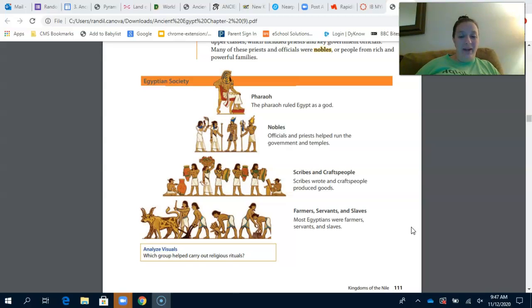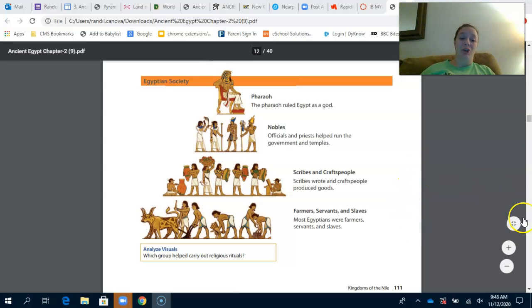And to do that, we had to predict when it was going to flood. And when it floods, it brings that silt, the really fertile soil that we know from Mesopotamia. And when it brings that silt, it makes it so that the crops can grow in abundance. And when they have a surplus of crops, they are able to do more jobs.